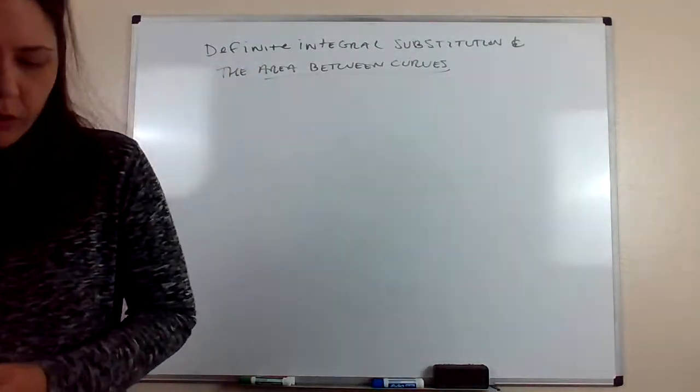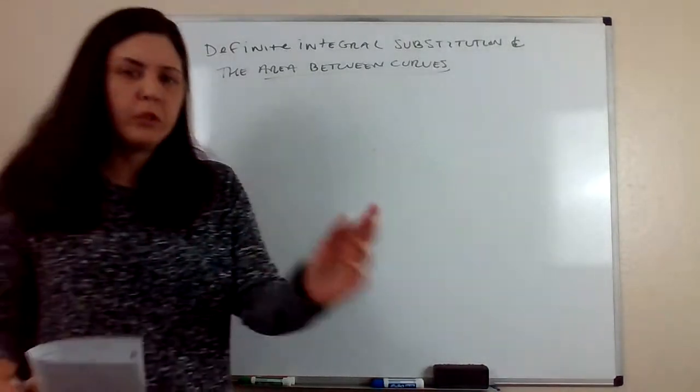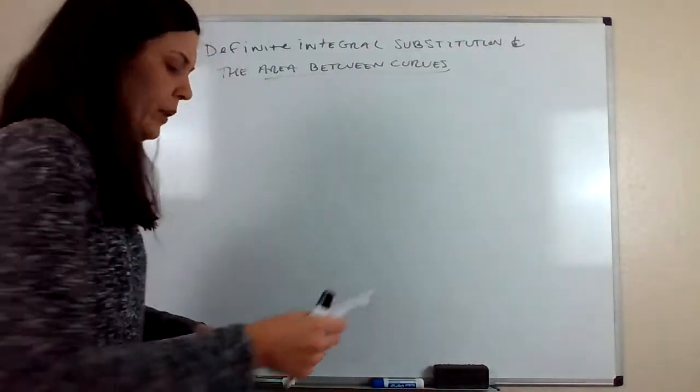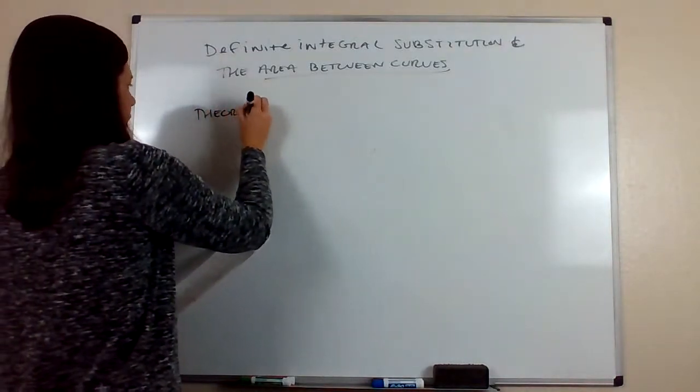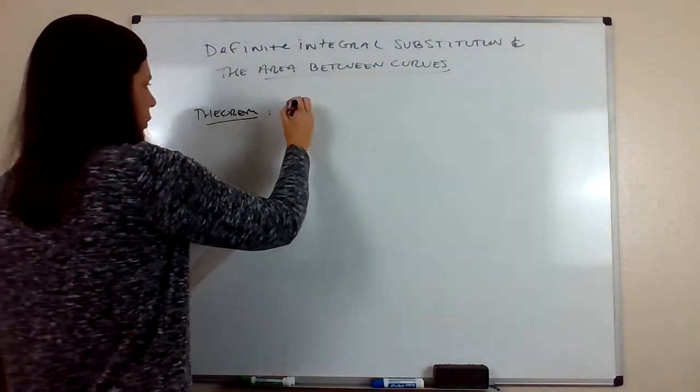All right, so let me give you a theorem for our substitution. We're going to start there, and then we'll get right into an example after this. So we have a theorem for this substitution that says the following.